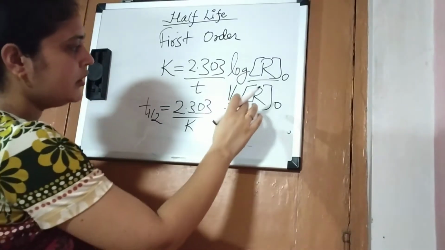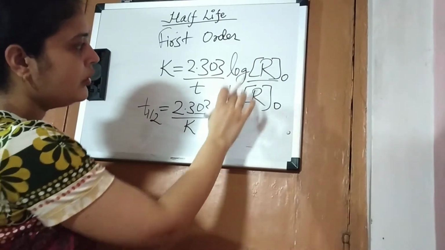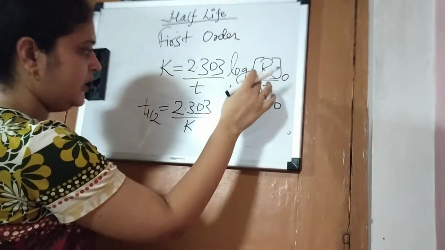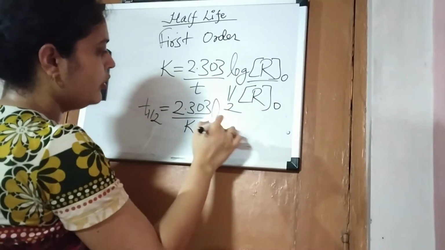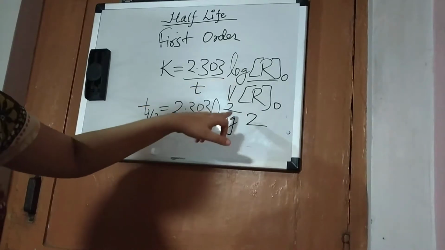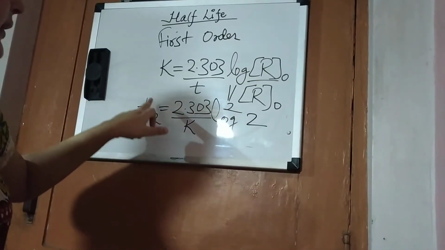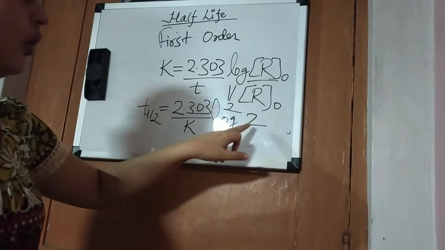So R naught cancels out, and 2 goes in the numerator because 1 by 2 is in the denominator. So you will get T half equal to 2.303 upon K log 2.